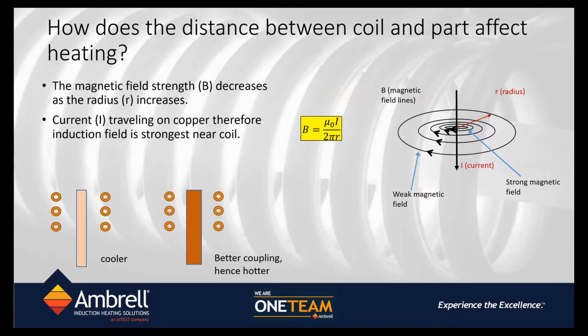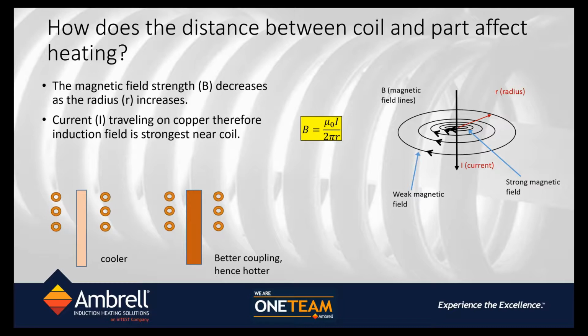So we need to now talk about how the distance between the coil and the part affects the heating. Now we know that as the coil gets bigger, the inductance of the coil increases. But similarly, as the gap between the part and the coil increases, the heating decreases.